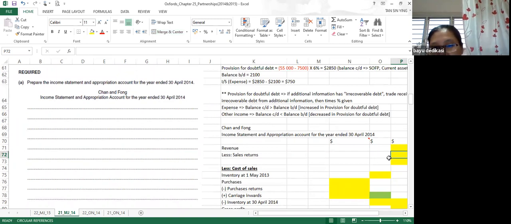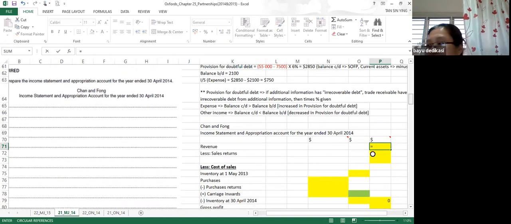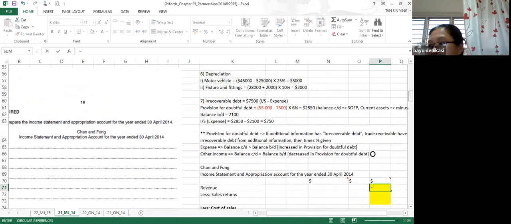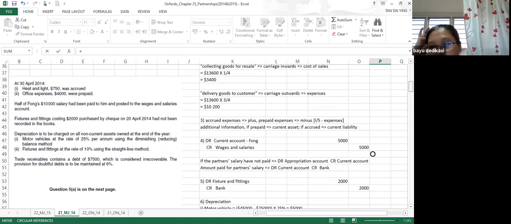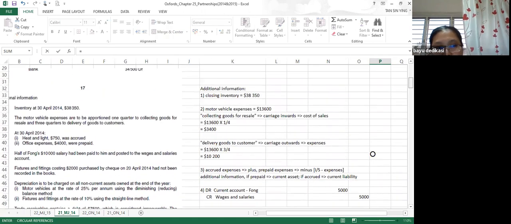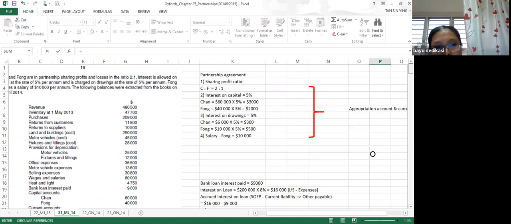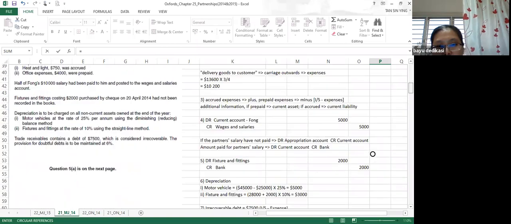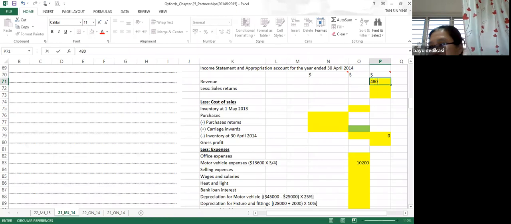Revenue, how much of it? Sales return, how much of it? Based on all the information that you have gathered. Okay, correct.